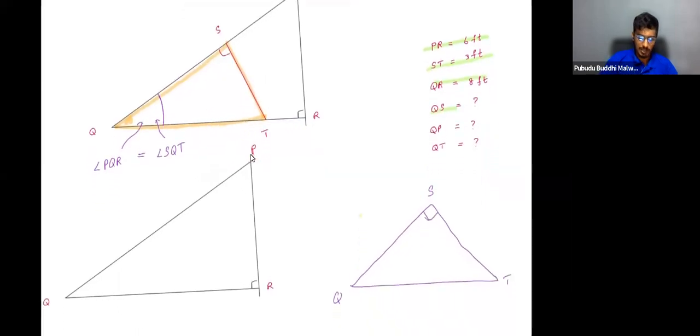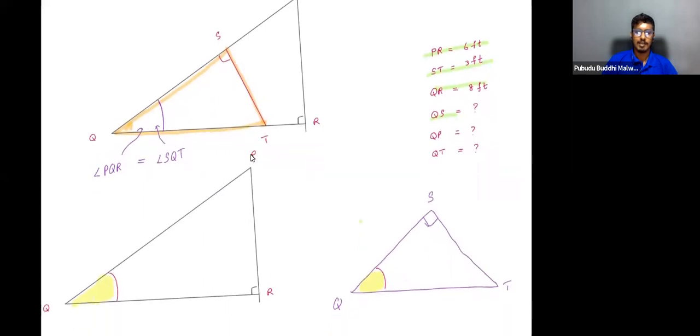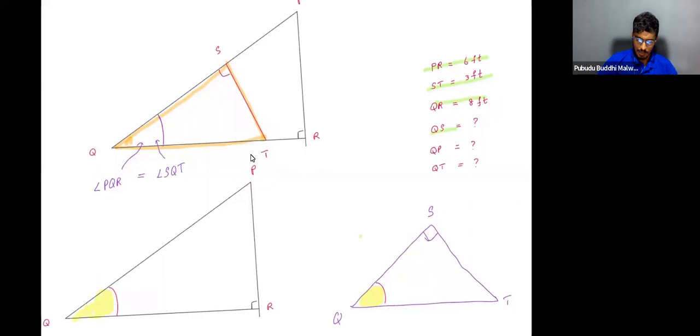So I can mark that angle on these two triangles. This one and this one. Same triangle, same angle. Like this. Same angle. Then 90-degree angle. Here we have a 90-degree angle on the bigger triangle.